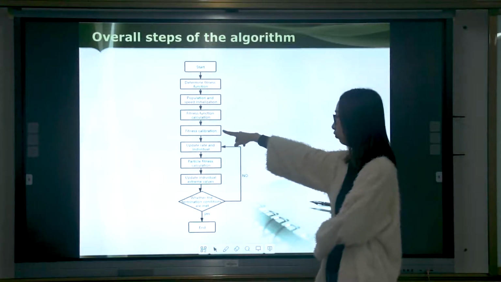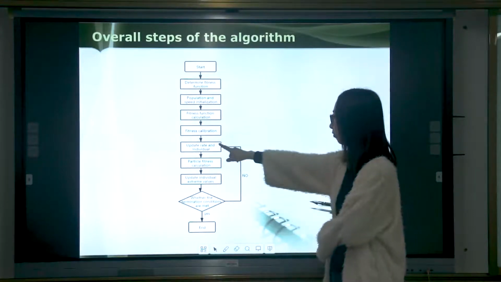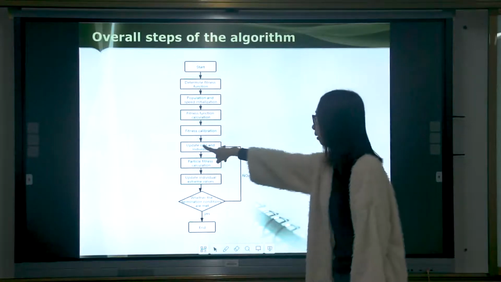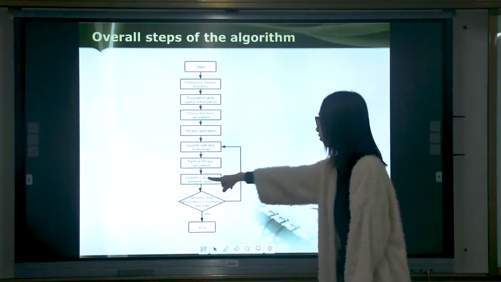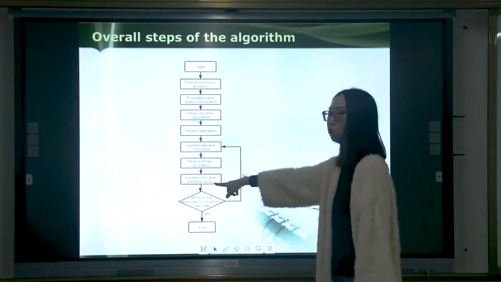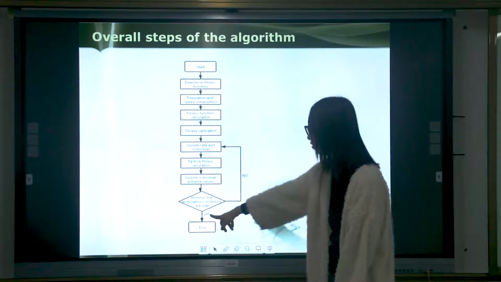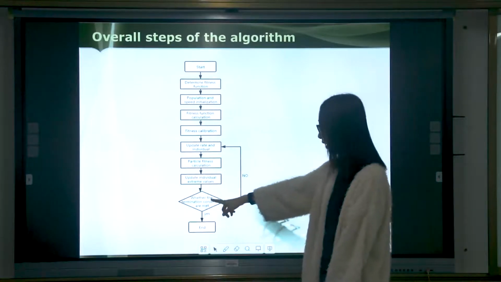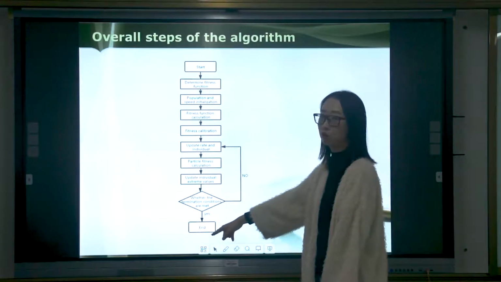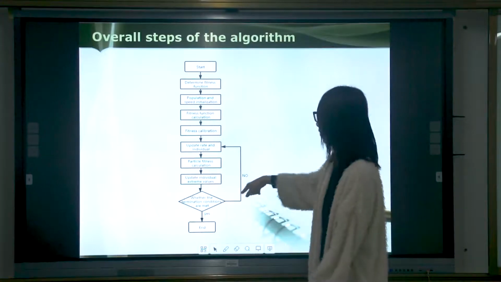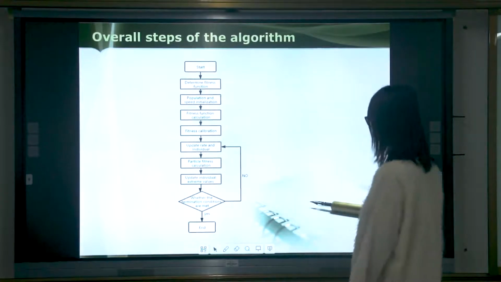After that we go into this loop: update velocity and individual, calculate the fitness, and update the individual extreme values. Then we have a condition, whether the termination conditions are met. If we are satisfied with this condition, we can get to the conclusion. If not satisfied, we go back to this step and go through the loop again.